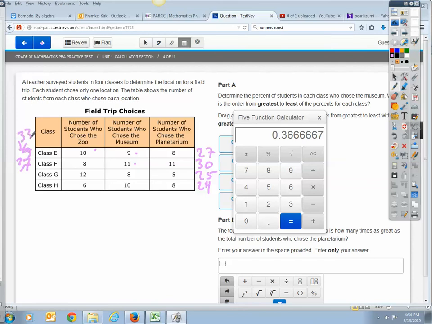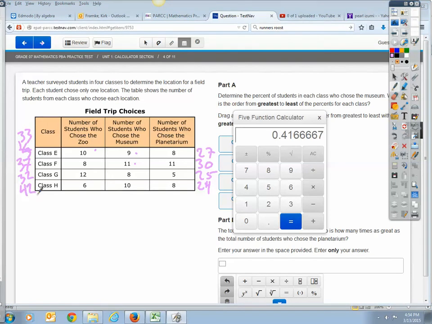So I should probably have that as 33%. All right, next one, do 8 divided by 25, get 32%. And then finally, I have 10 divided by 24. And that's, wow, that's a lot of kids who want to go to the museum. So that is a grand total of, let's round this, 42.